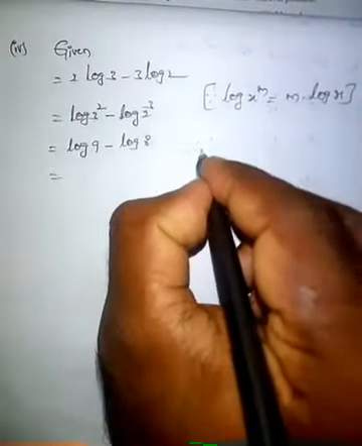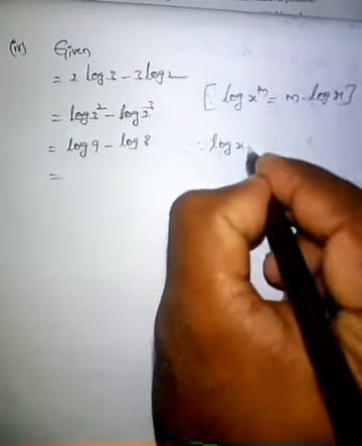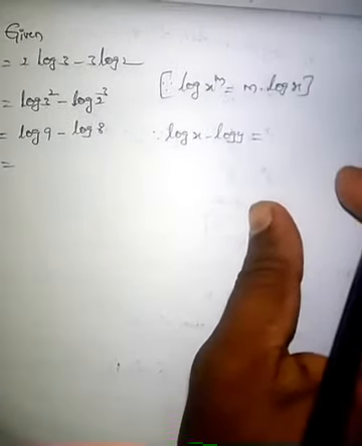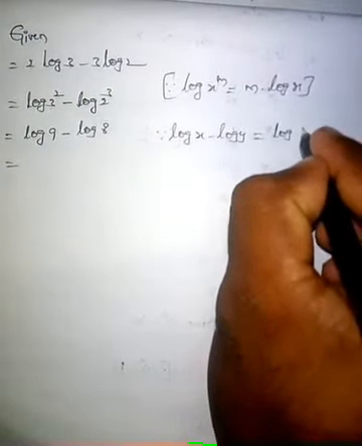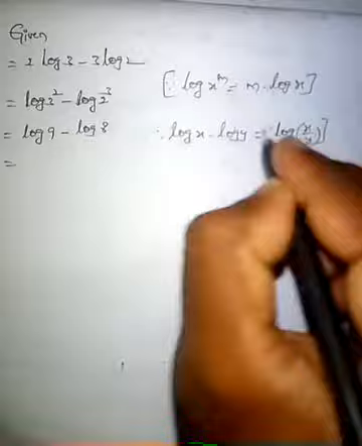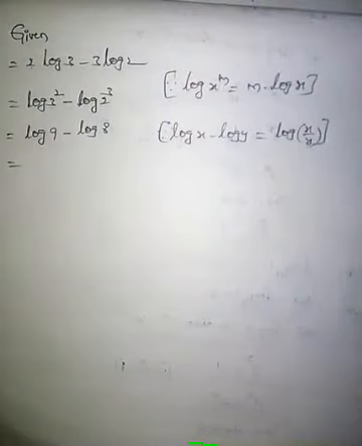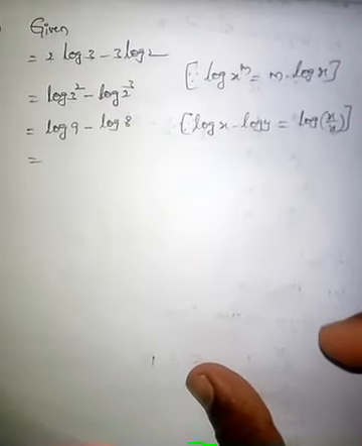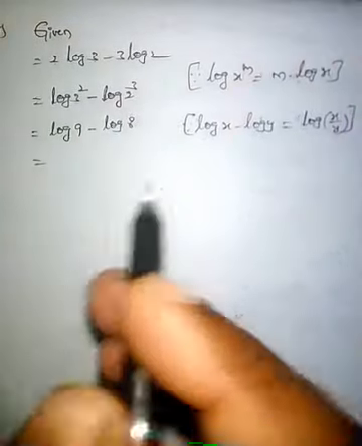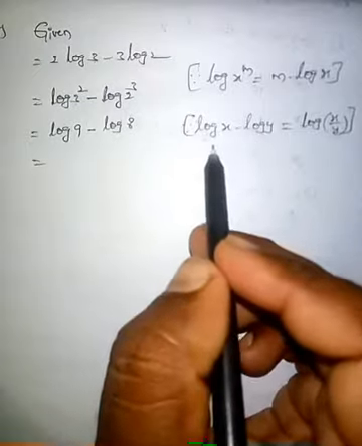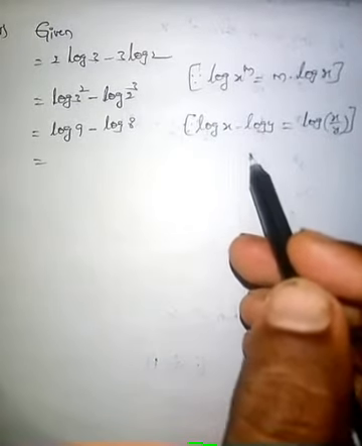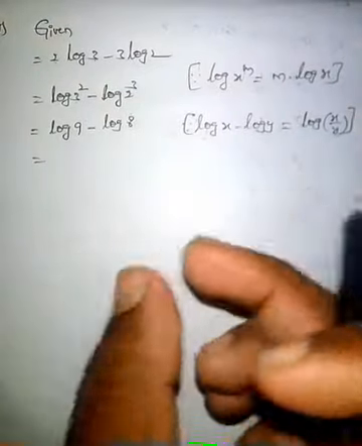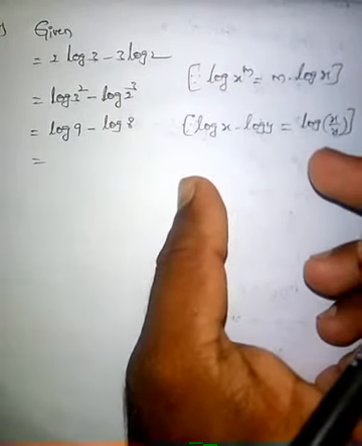Now this is in the form of log x minus log y, so you can write log x by y. Okay, so these are the laws of logarithms. I already gave them to you for reading, so you must learn these formulas, because in this exercise every problem is based on them. You have to learn them by heart.